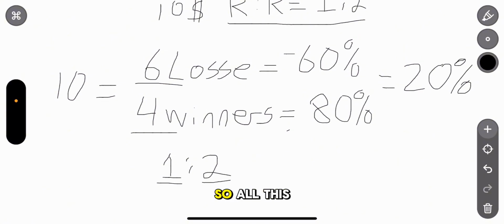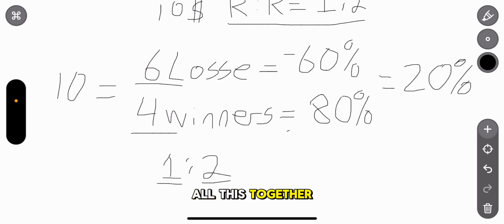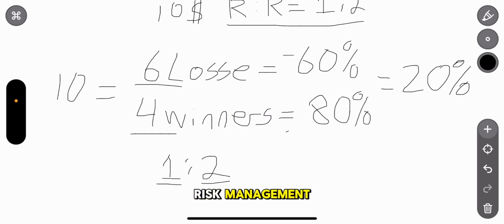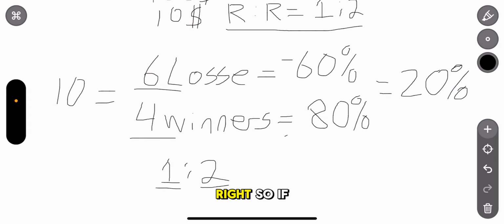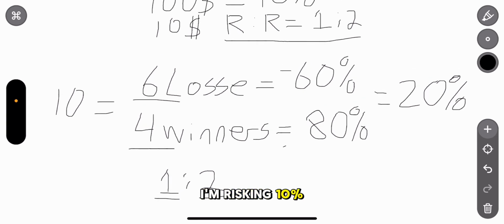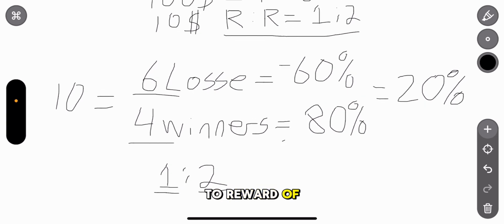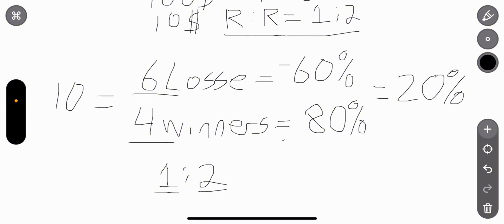The risk to reward. So all this together, and the size of my account, all this together ties to my risk management. Right? So if I'm risking 10% at a risk to reward of 1 to 2, I'm risking 10% to make 20%.